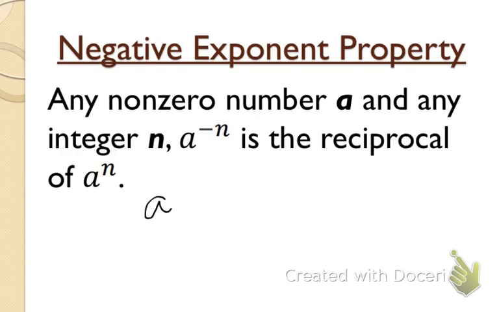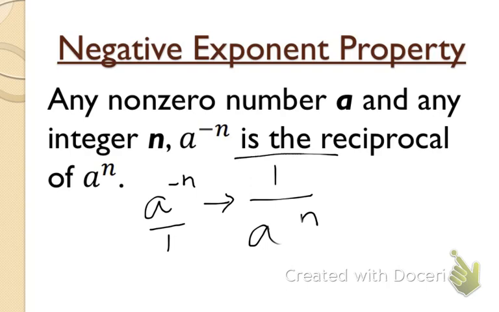Well, when you have a negative exponent, you're going to have to take the reciprocal. So flip it. So if this was a fraction, it would end up looking like this. Except we no longer need the negative. So this would be the reciprocal of it. Okay, so let's try it.